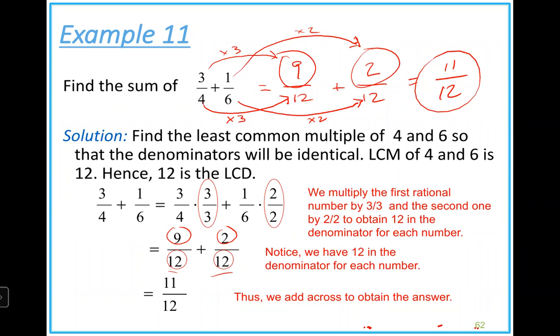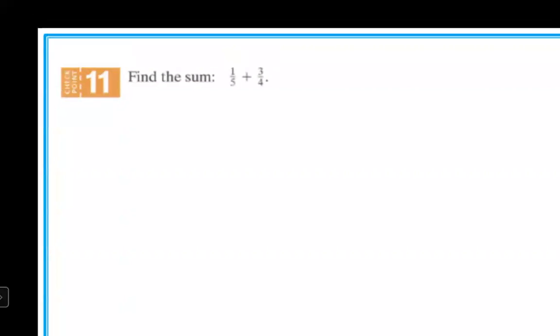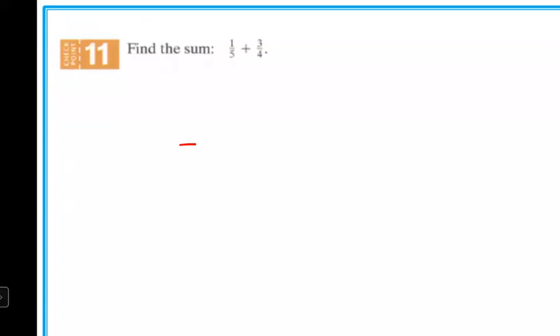Okay. Now another. Okay, so let's look at this one. What's the common denominator here? 20. Okay, yeah, so you can use 20.